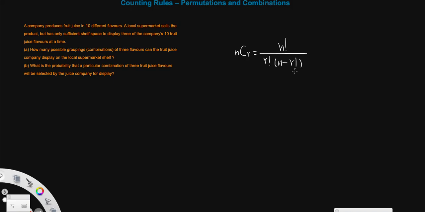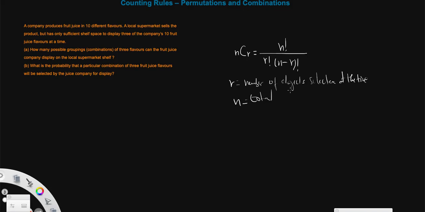So this is not to be confused with the previous one. And we know what r is, the number of objects selected at a time, and n is just the total that we select from.